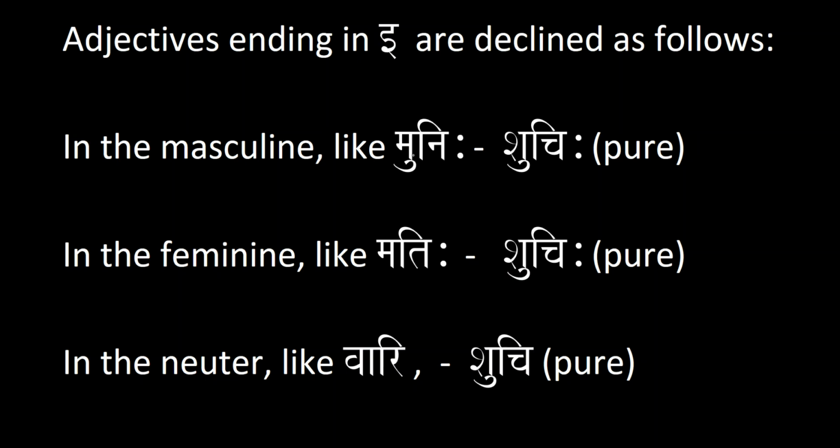If we're trying to describe a feminine noun, we still change suchi to suchihi, but then we decline it like matihi, because matihi was an example of a feminine noun that ends in e. And then for neuter nouns, we would keep it as suchi, but we would decline it like vari, because vari was a neuter noun that ends in e.